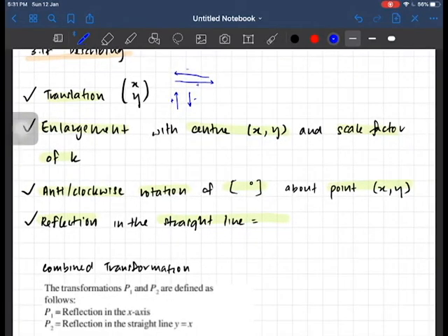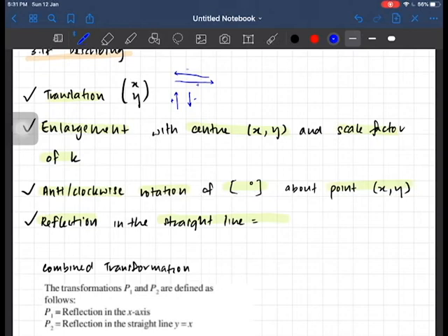The next one is enlargement. To describe enlargement, you will need the center of enlargement and the scale factor, where the scale factor can be found with the formula.